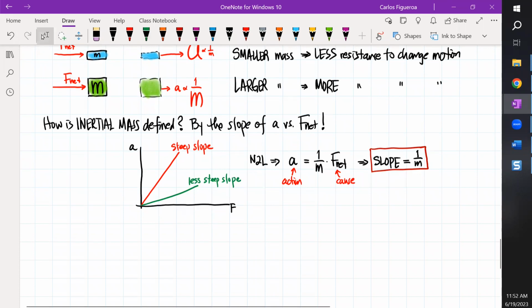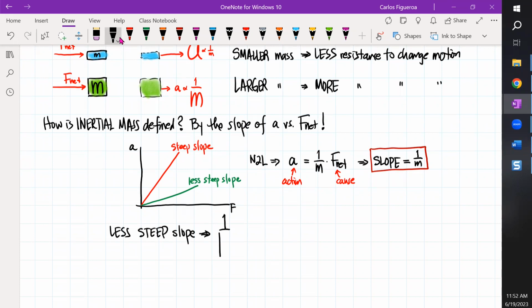If I have a less steep slope, then that tells me that I have a larger mass in the denominator. Therefore, it's harder to accelerate, which means it has a larger mass.